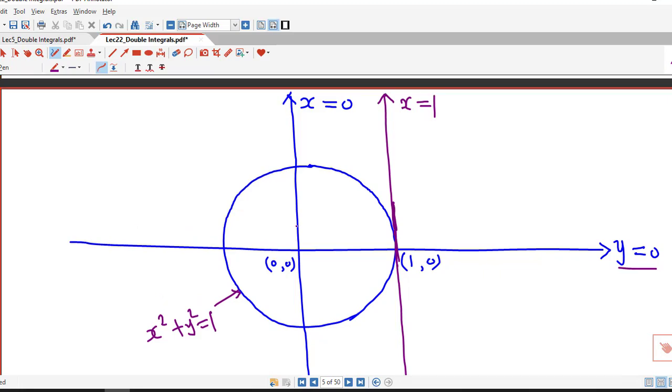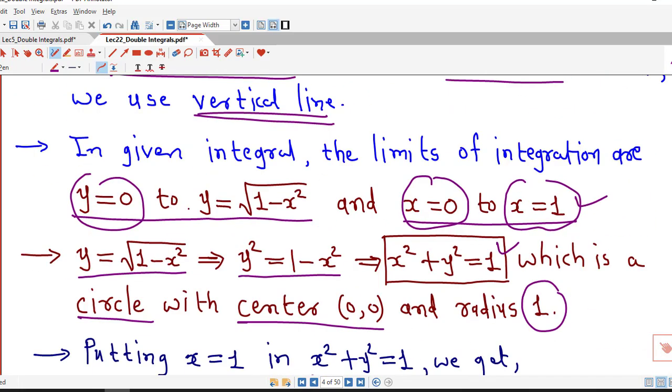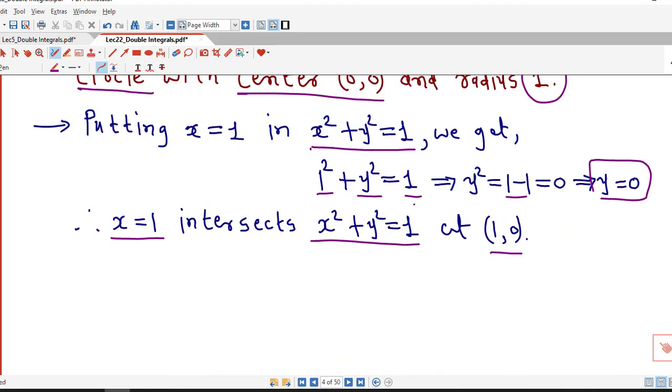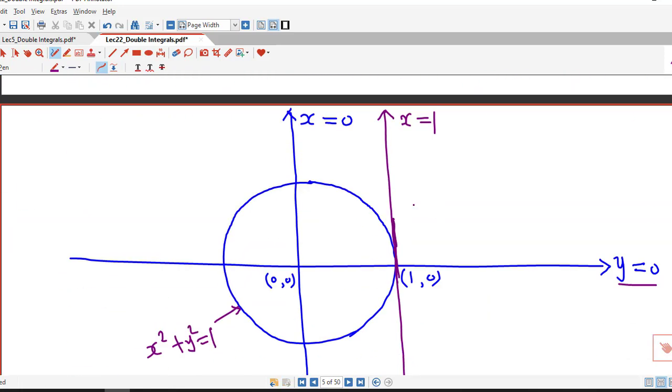So the limits are y is from 0 to y equal to under root 1 minus x square, and x is in between 0 and 1. So the lower limit for y is 0 and the upper limit is the circle, y equal to under root of 1 minus x square, and x is in between 0 and 1.